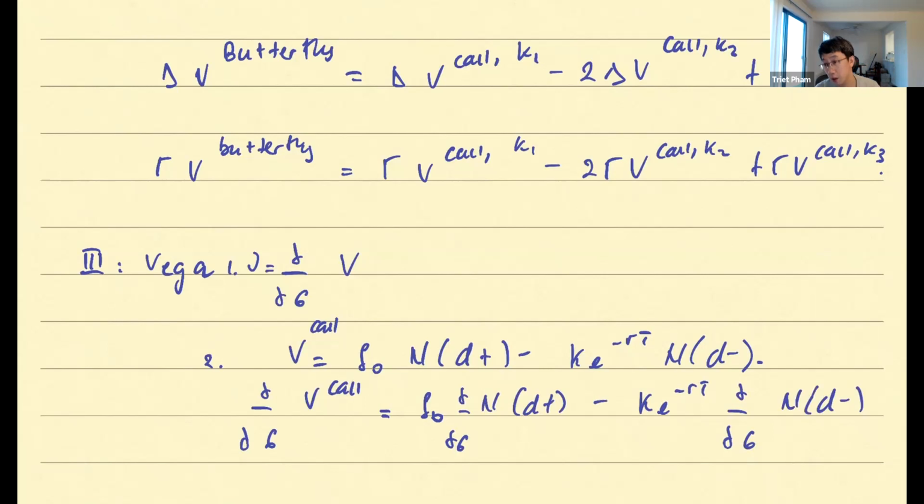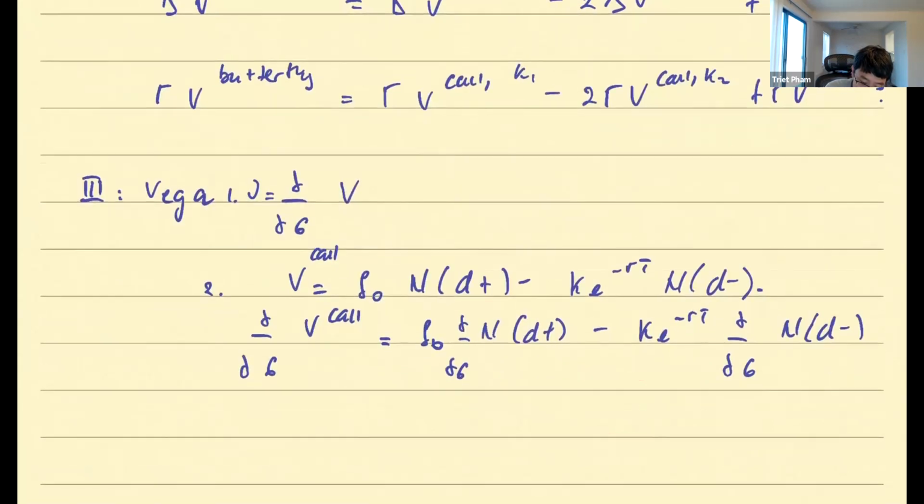You work that out, and again there's simplification going on, until the final result gives you something quite simple, which is S0 phi(d plus) times square root of T.